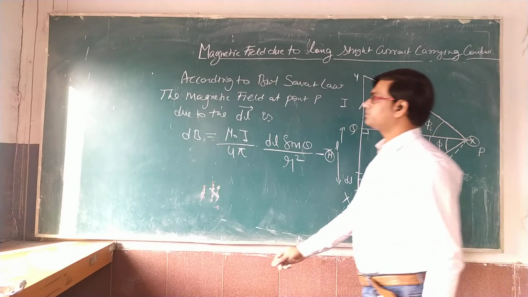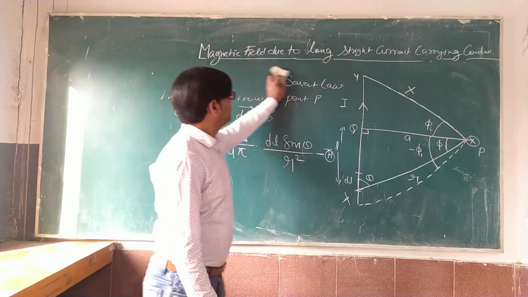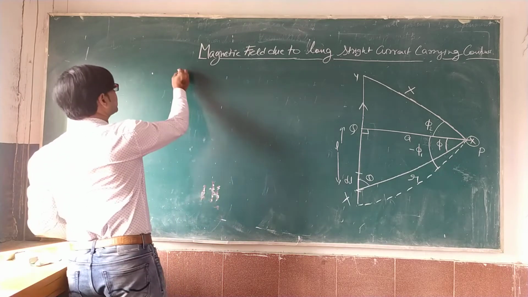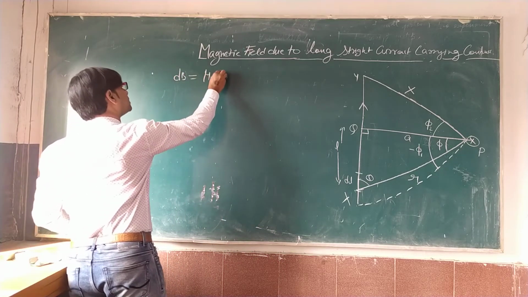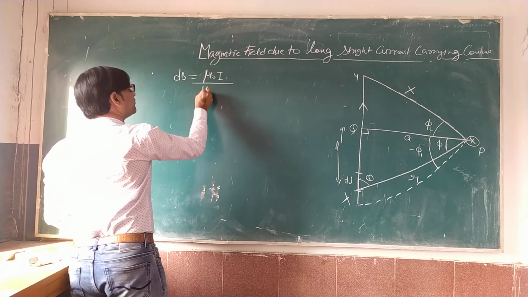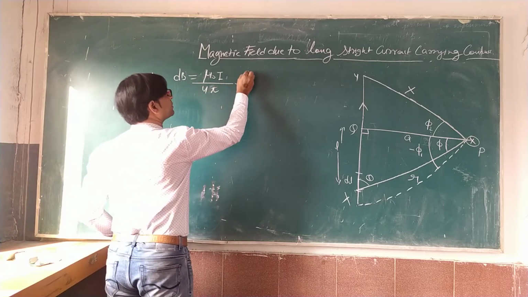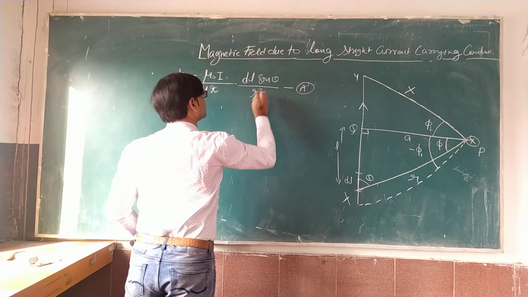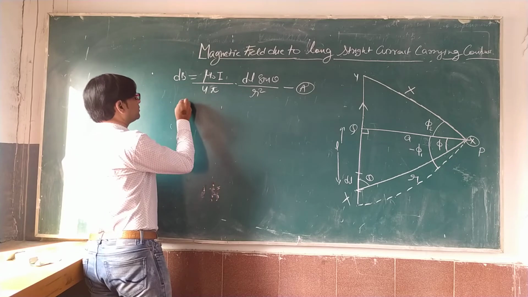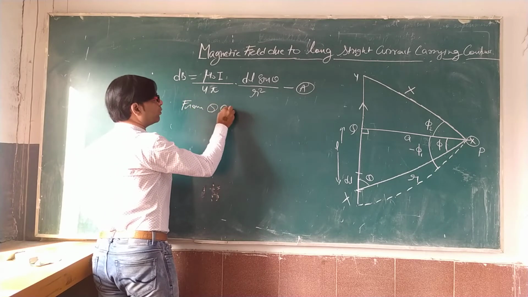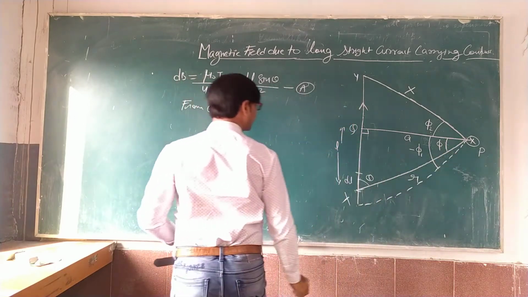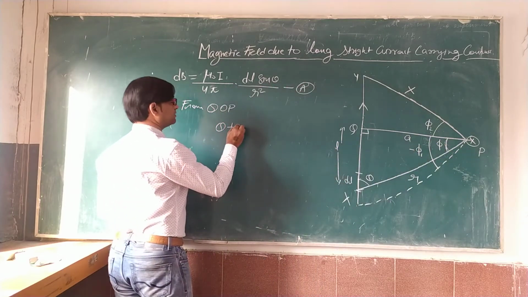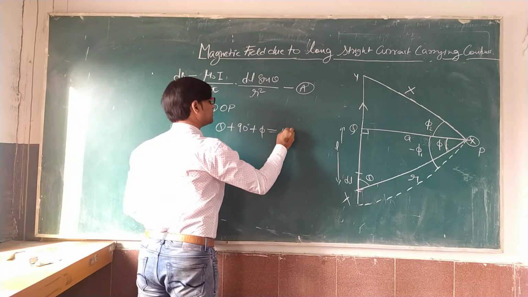So now remember this equation A. I am writing here again, mu naught I by 4 pi, dl sine theta by r square, equation A. From right angle triangle QOP, the sum of the three angles theta plus 90 plus phi is 180 degree.